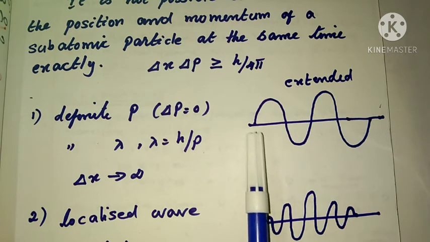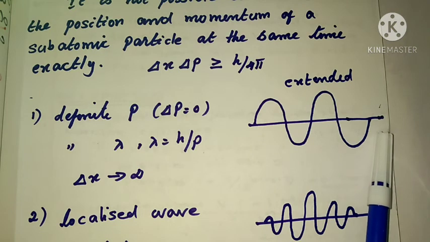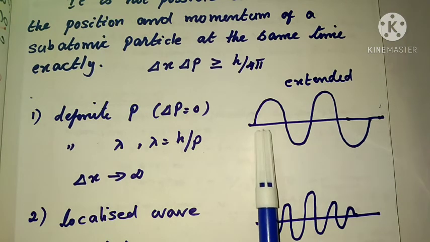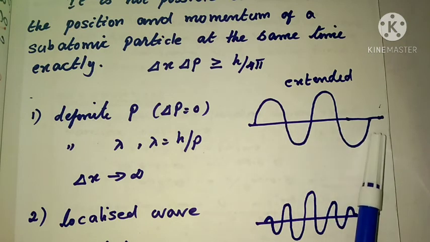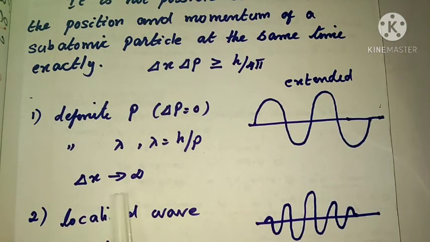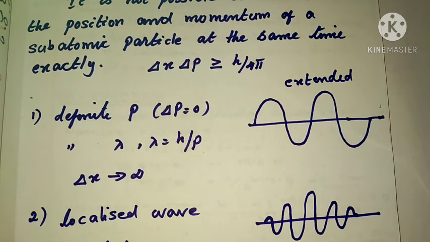This means that the electron is not localized in any finite region of space. That is, its position uncertainty is infinite, which is consistent with the uncertainty principle.